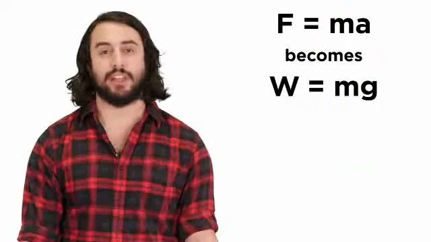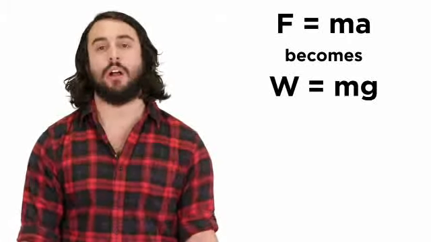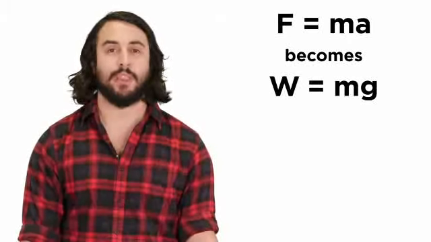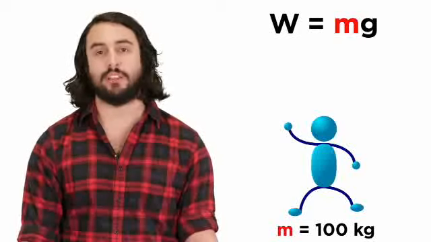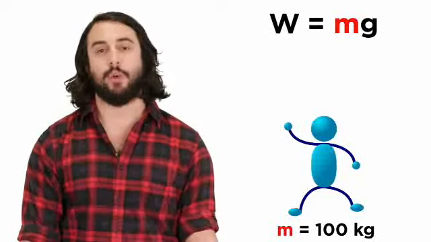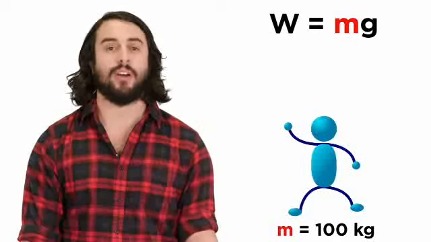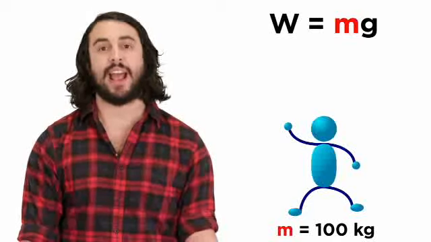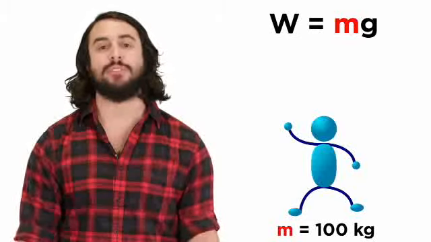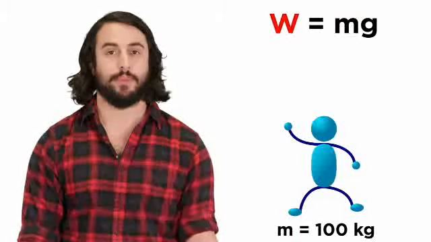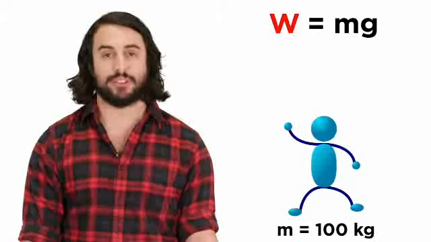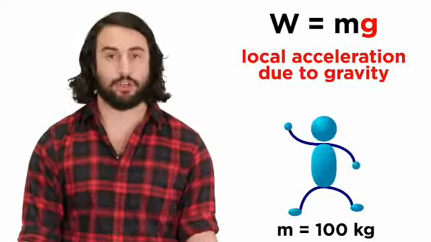Weight can be calculated using Newton's second law, or F equals ma. Take an object like a 100 kilogram person. This value represents the mass of the person, which is more or less constant, barring any huge changes in diet, as it is a measure of the amount of matter in the person. But the weight of the person will depend on their location.